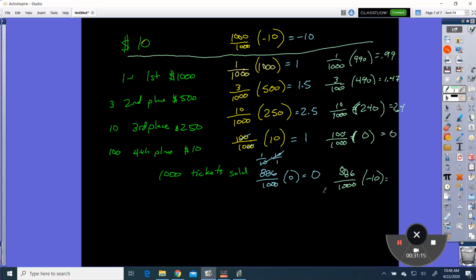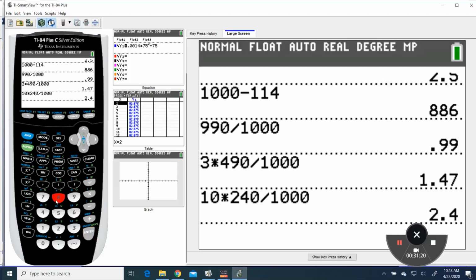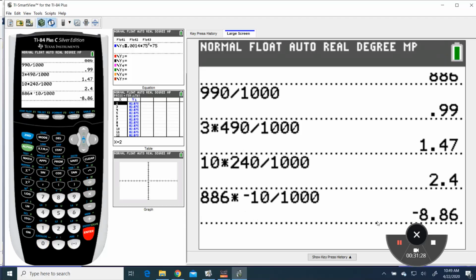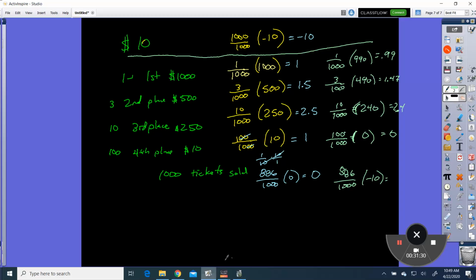This one's 0. And 886 times negative 10 divided by 1,000 is negative 8.86.